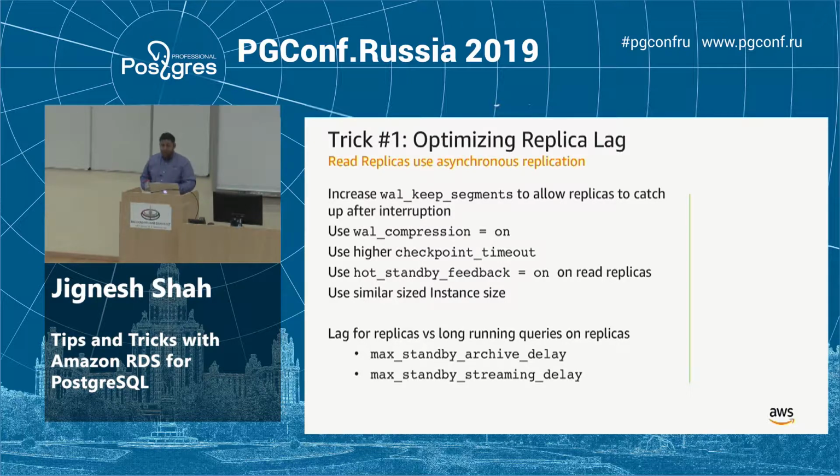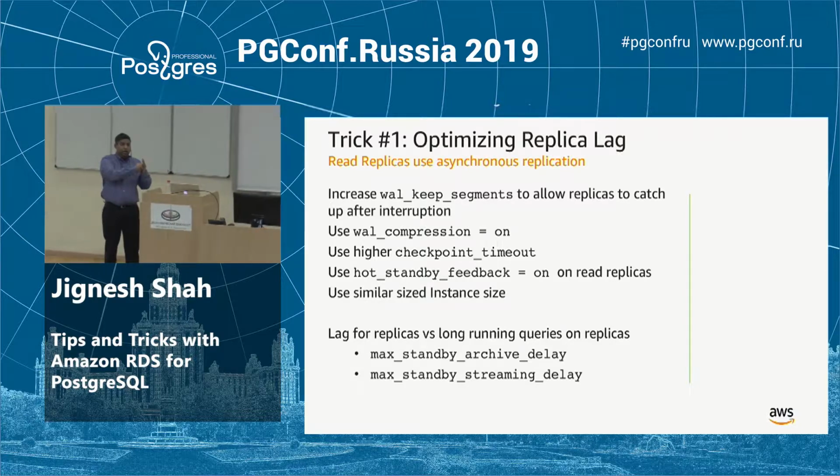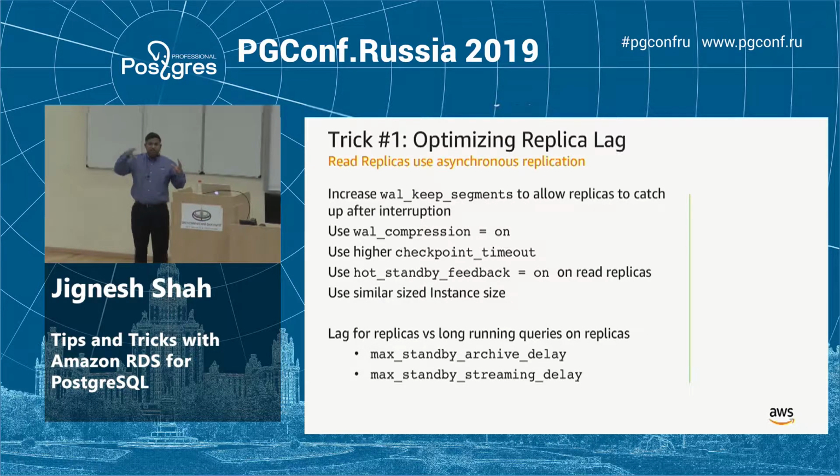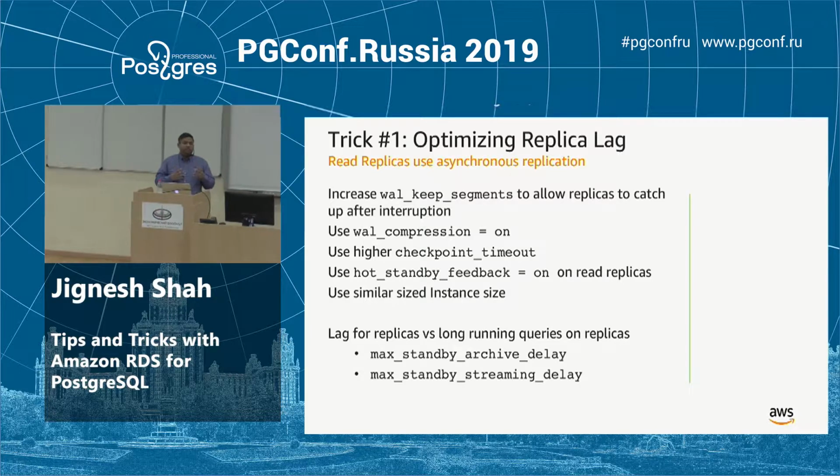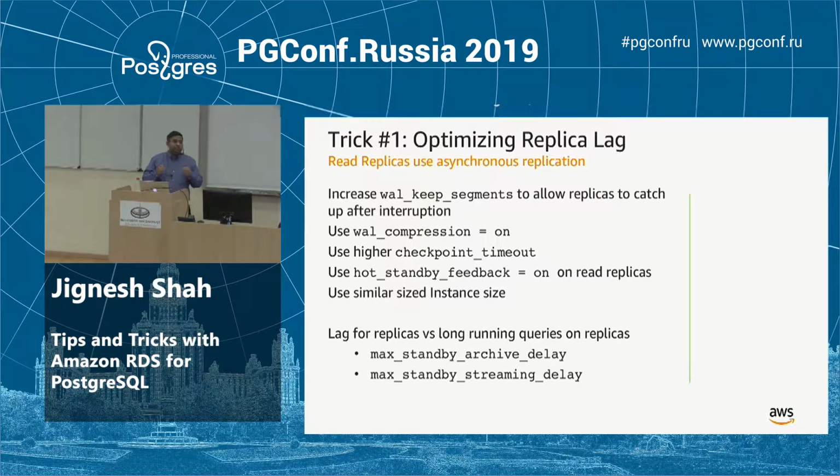Now, one thing to keep in mind is a read replica has a trade-off. If you want to be very fast following your master, then you cannot have queries which can slow down that replication. And if you want long-running queries, then there are certain operations that may not apply on your read replica. So understanding that trade-off, you have to make a call: what is the importance of this read replica to me?